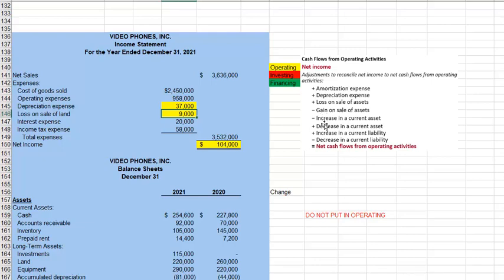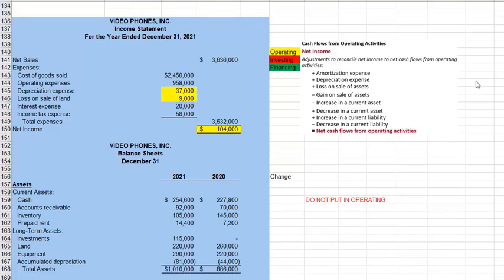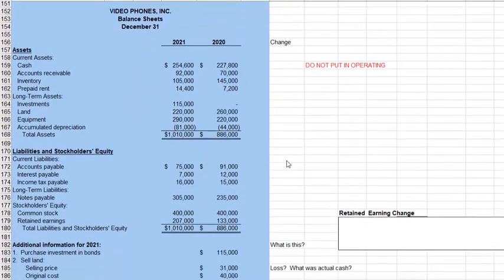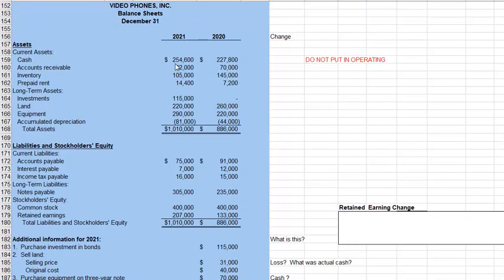Now we have any increase in current assets and decrease in current assets. Notice that two things are changing here. Now we're seeing the word increase and decrease, and we're also looking at assets and liabilities. So we need to change financial statements. We need to come down here to our balance sheet. When we say increase and decrease, we need to look at the change in prior year to current year.